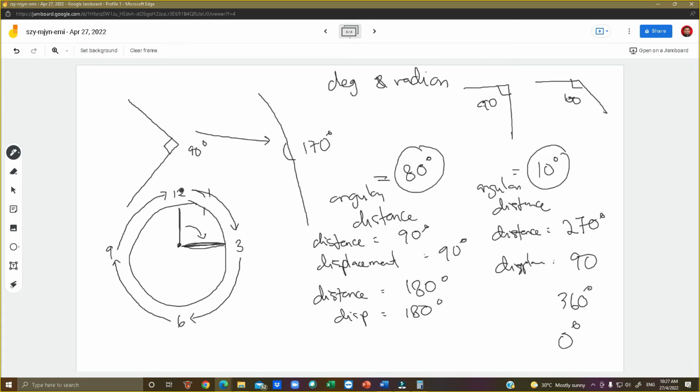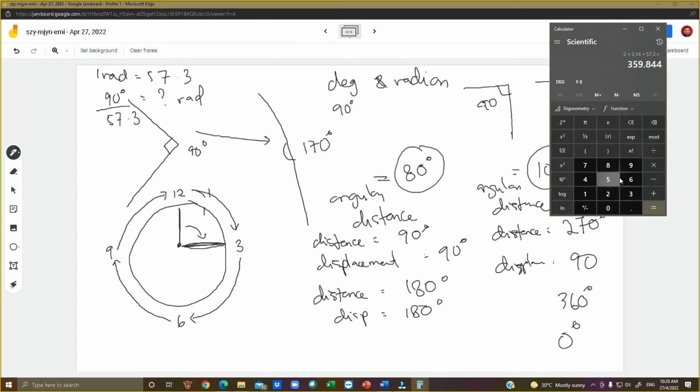Contoh yang pertama, the first movement, the degree is 90. How about the radian? How many radian? So, kalau degree kita nak tukar jadi radian, kita buat apa? 1 radian sama dengan 57.3. So, kalau 90 degree sama dengan berapa radian? So, you need to divide 90 with 57.3.